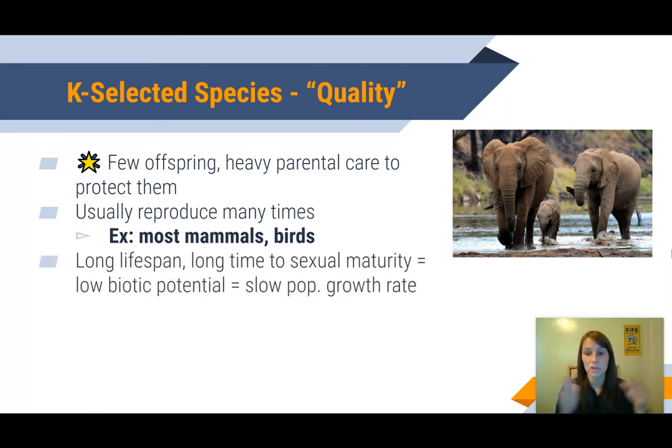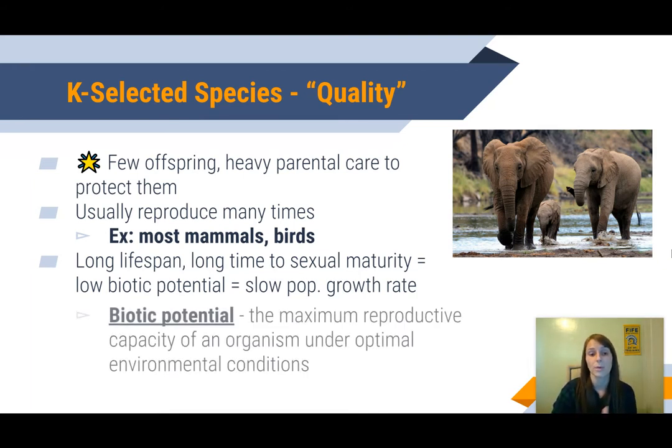Now, when we look at the general trend of these organisms, they're going to have long lifespans, which means it takes them longer to get to sexual maturity. So that means they have a low biotic potential, which leads to slower population growth rates. By biotic potential, I mean the maximum reproductive capacity of an organism under optimal environmental conditions.